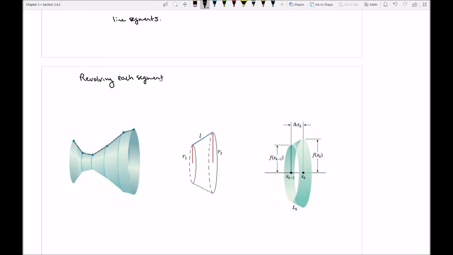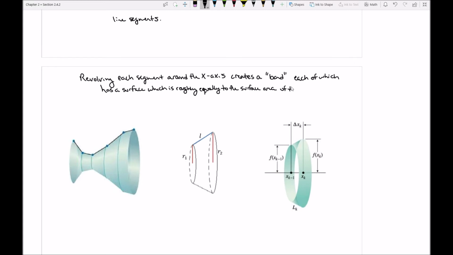each segment around the x-axis creates a band, each of which has a surface area which is roughly equal to the surface area of the solid on the same interval.